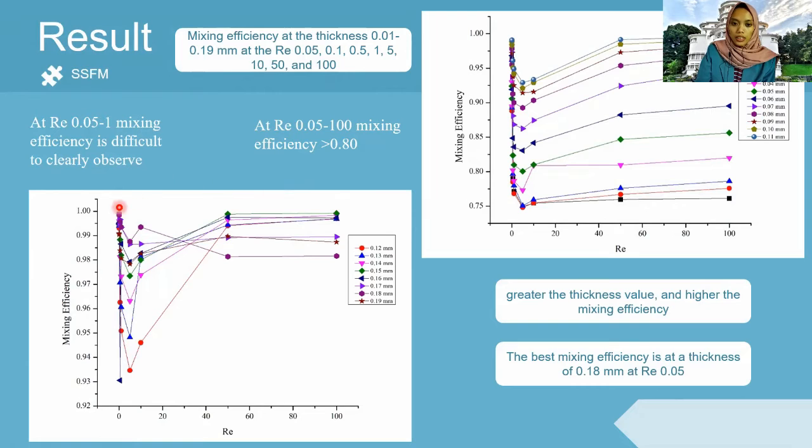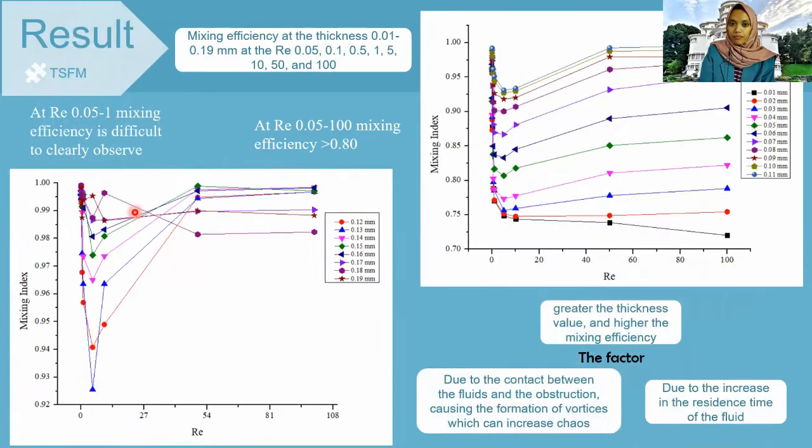At Reynolds number 0.05 until 100, mixing efficiency is more than 0.8. And the greater the thickness value, the higher the mixing efficiency. The best mixing efficiency is at a thickness of 0.18 mm at Reynolds number 0.05.